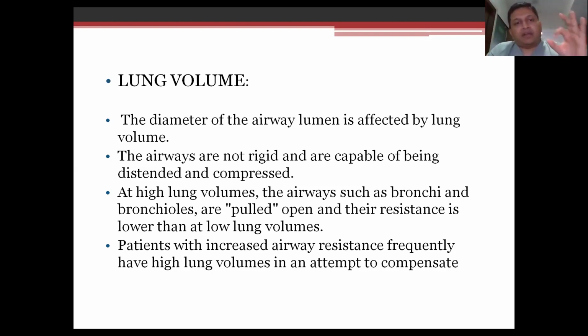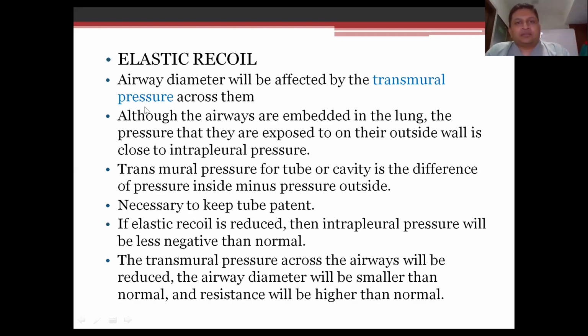So there must be an adequate lung volume all the time to keep the airway patent. At high lung volume, airways such as bronchi and bronchioles are pulled open and their resistance is lower. So in a way, lung volume also decides your resistance. The same elastic recoil, as I said, will keep the airway open.